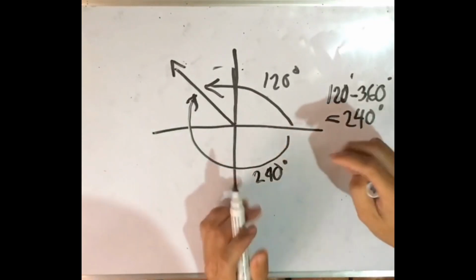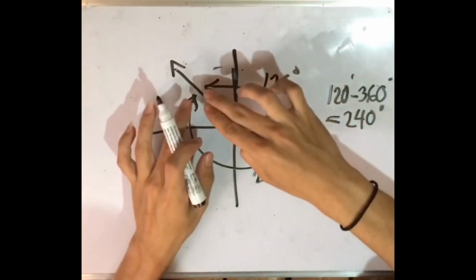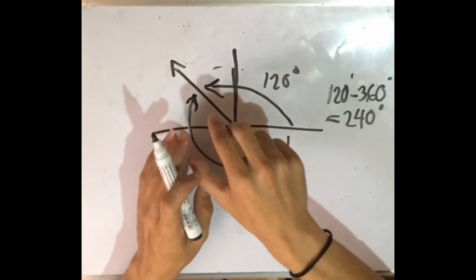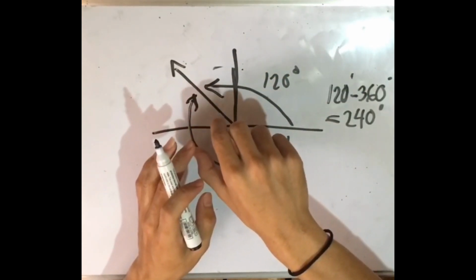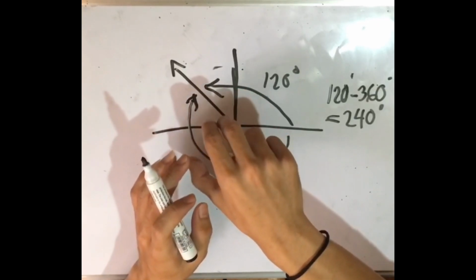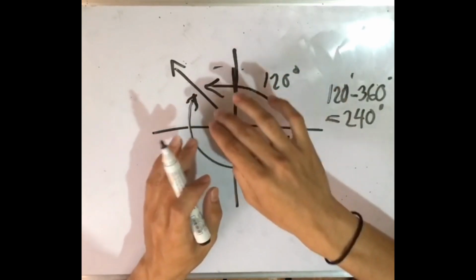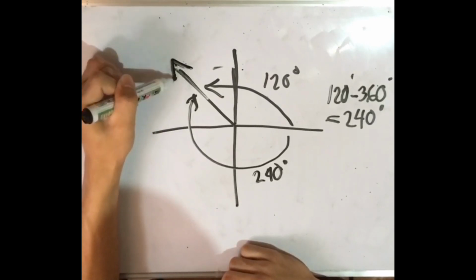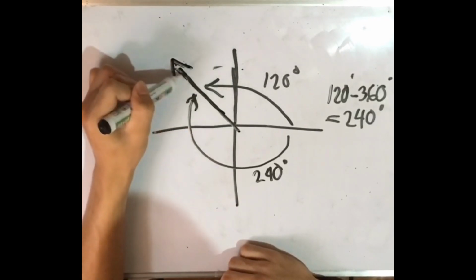Since these two land on the same position, they meet in this direction, so that's the coterminal angle.